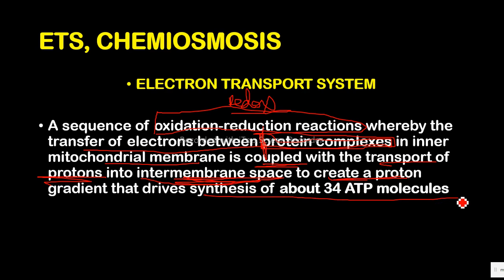If you understand that statement, then you understand what the electron transport system is and what chemiosmosis is.